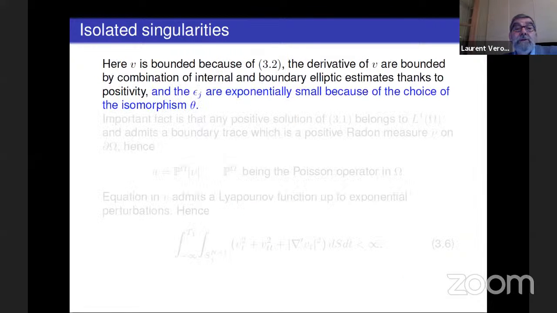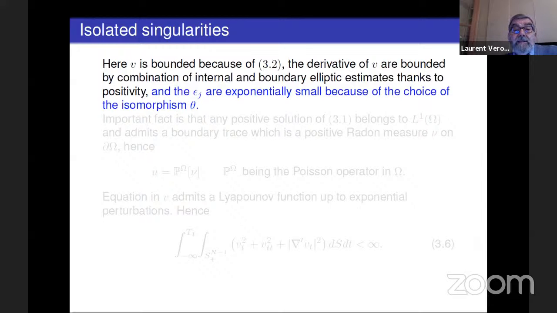Now, what I know, the function V is bounded by combination, and the derivatives of these are bounded by a combination of internal and boundary elliptic estimates. The positivity plays a very important role. And now the epsilon j are exponentially small because of the choice of the isomorphism theta.